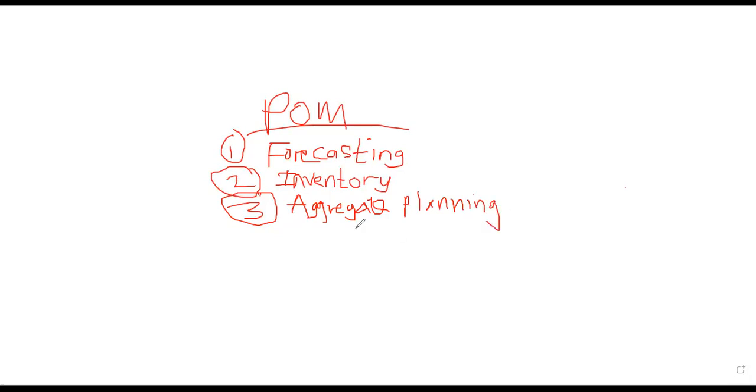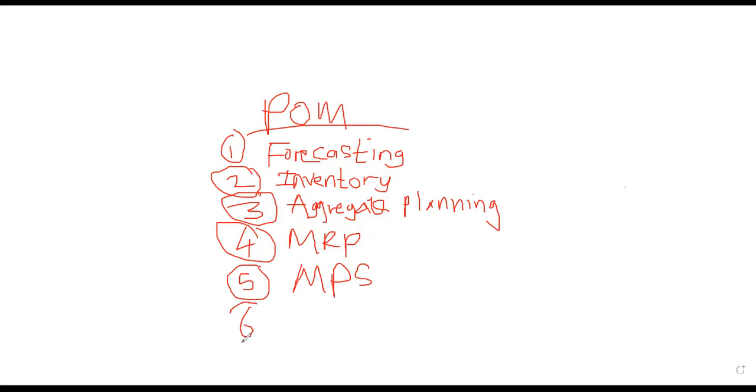Then the other topic is called material requirement planning, which is MRP. And then topic 5 is master production schedule, which is MPS. Then getting down to topic 6, we have shop floor planning.